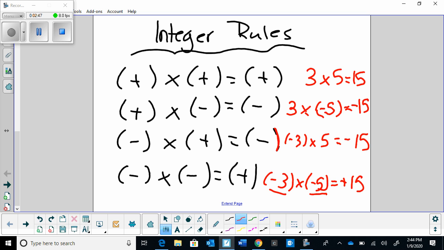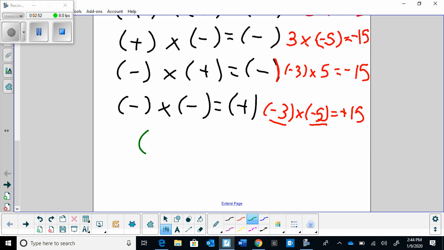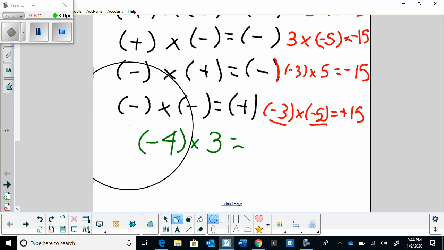So using these rules that we created above, we're able to do questions. Let's say I have negative 4 times 3. We look at these numbers, negative 4 times 3. First I ignore the sign and pretend I hide them.